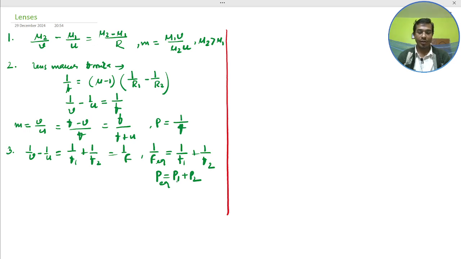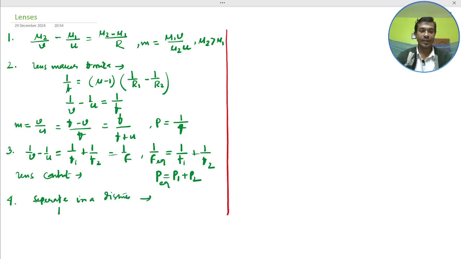Next one, two thin lenses separated by a distance. This is lens contact, and this is separated by a distance.